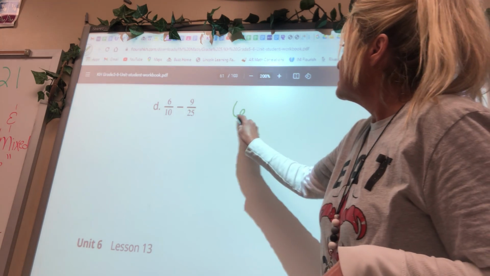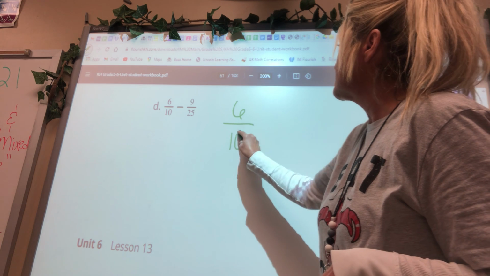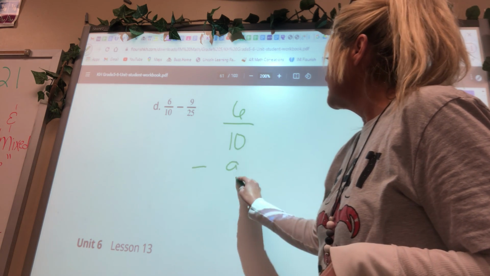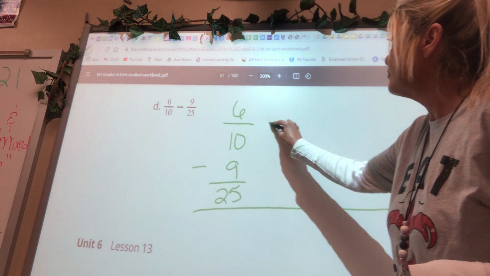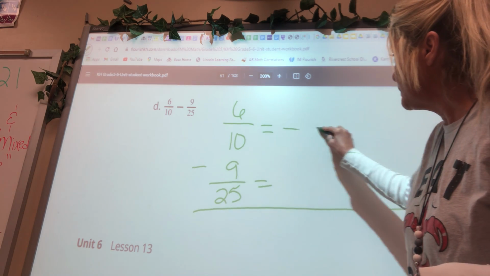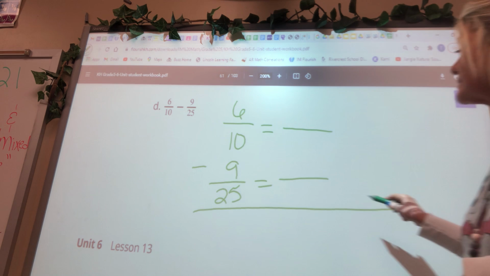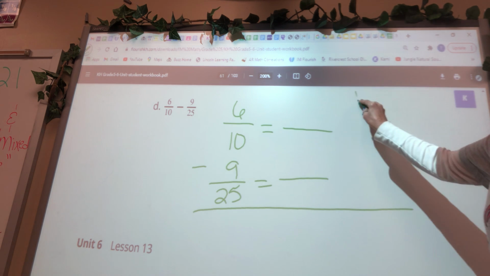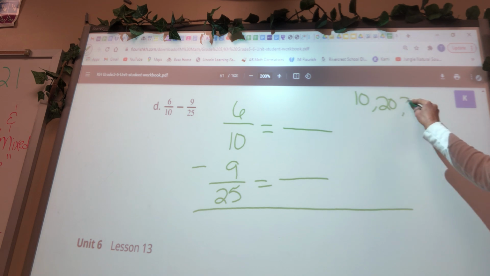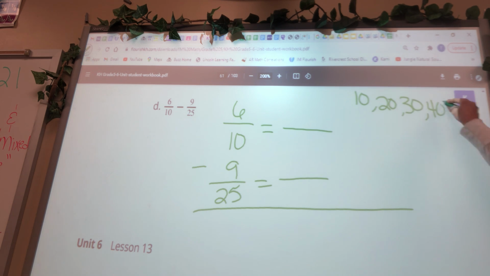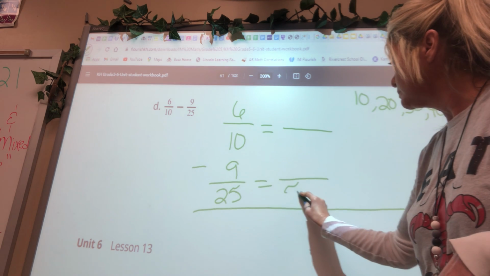We have 6/10 minus 9/25. Now, if you can't see it immediately, go to the side and skip count. We have 10, 50, 60, and then we know 25 will go into 50, won't it?